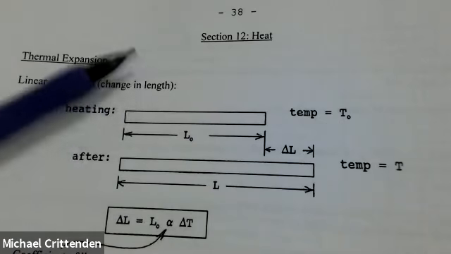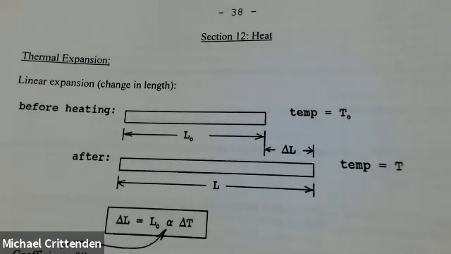Incidentally, the reason that things tend to get bigger as they get hotter is because, if you go back to what temperature means in the first place, it's the average kinetic energy per molecule. And I already talked about that in section 11 in the case of a gas, where the molecules just move around independently at random. And the higher the temperature, the faster they shoot around. In the case of a solid, it's a vibrational type of motion.